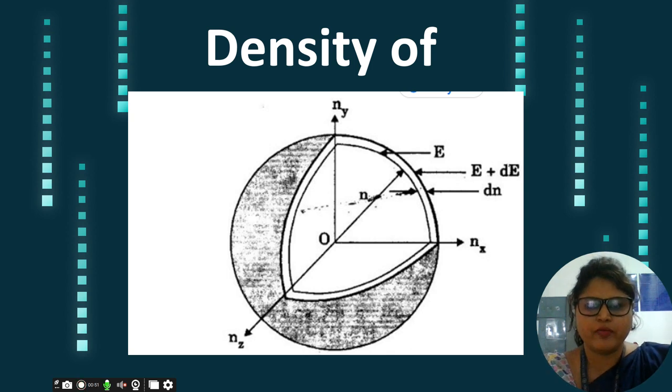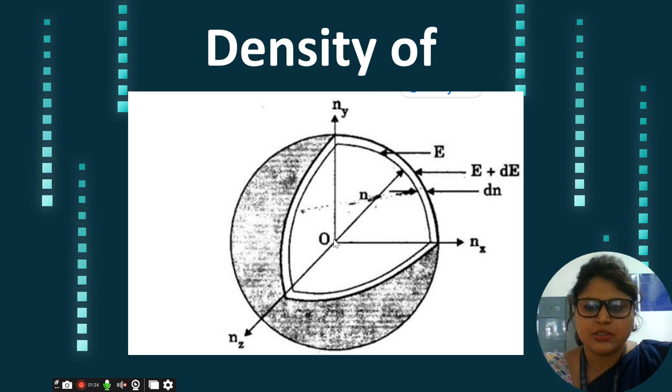We've already seen this diagram in the class, but in order to clarify your doubts, I'm explaining it again. You have to imagine a metal piece of side A. Inside it, imagine a sphere of radius n, and one-eighth of the sphere, with an inner shell and an outer shell.